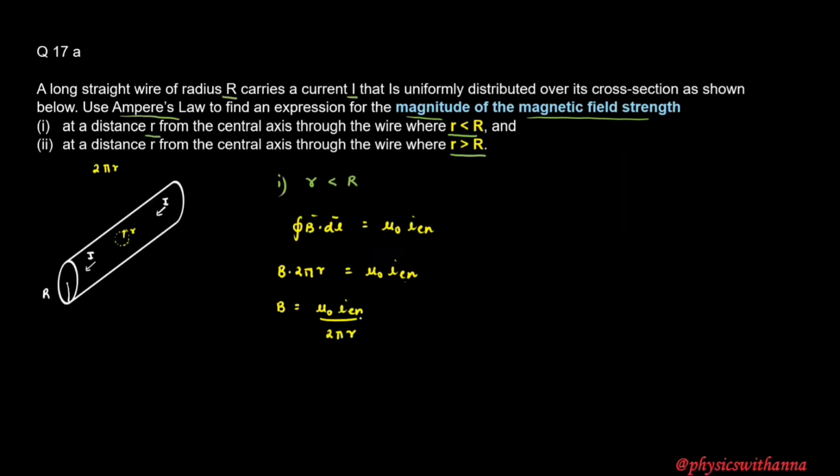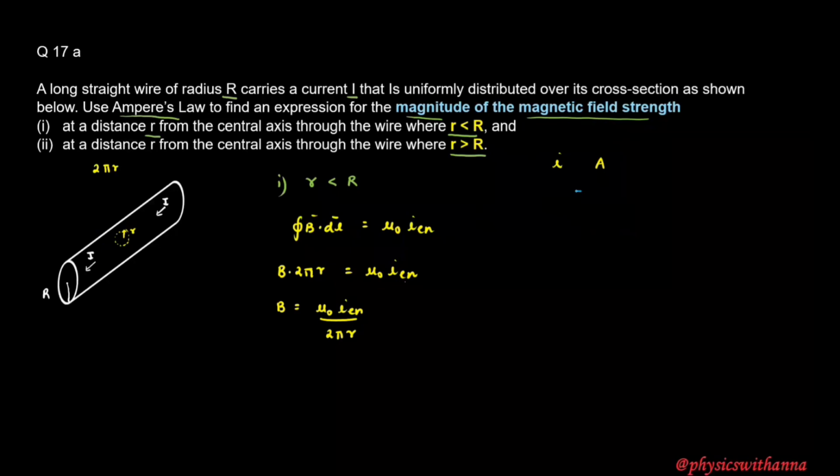Now what is the current enclosed? The current enclosed in this region will not be the same as the original current I, which is the current through the entire wire, as we know that current is directly proportional to the cross-sectional area. Larger the cross-sectional area, more will be the current. Smaller the cross-sectional area, less will be the current passing through it. Now you can find current through this region by using the current density.